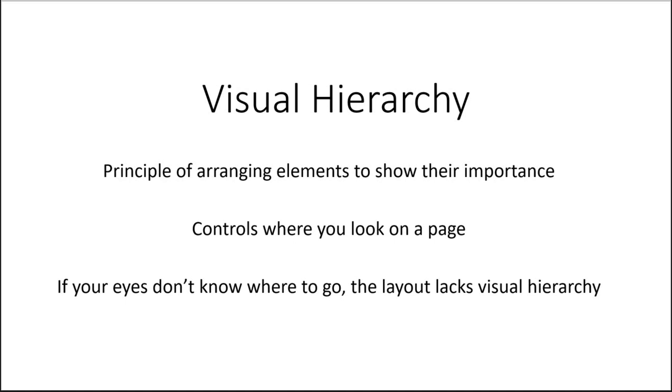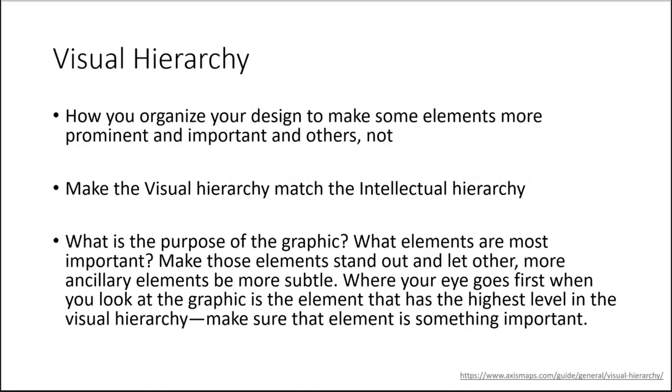We use page placement, composition, contrast, pre-attentive tricks like making some things different, creating groupings with the Gestalt stuff like enclosure. Control where your viewer looks on the page. If your eyes don't know where to go, if you're hopping all over the place, then your layout lacks visual hierarchy.